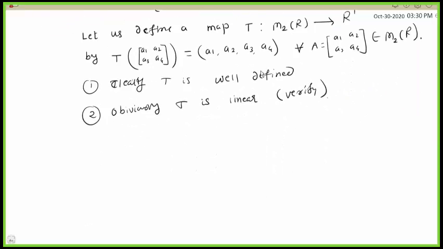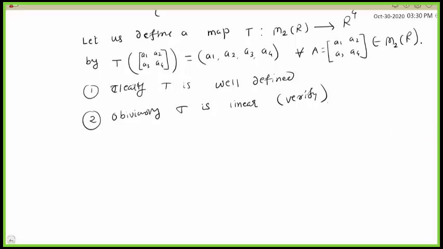Then we have to prove that this T is 1-1 and onto. Third one, we have to prove that this T is 1-1. How can you prove that T is 1-1? For that, consider A, B belonging to M2R.